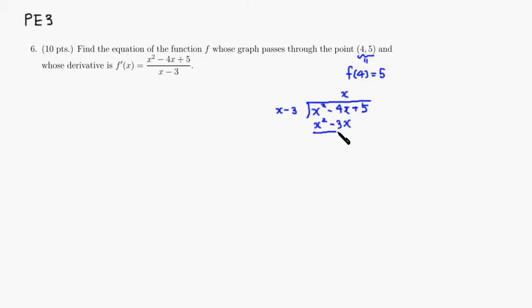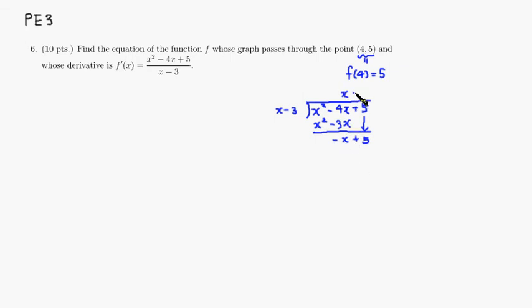Then we subtract. X squared minus x squared is 0. Negative 4x minus negative 3x means you're adding 3x to negative 4x, so that would be negative x. And then you have a plus 5, so you bring plus 5 down here. Then we think about how many x's can we squeeze into negative x.